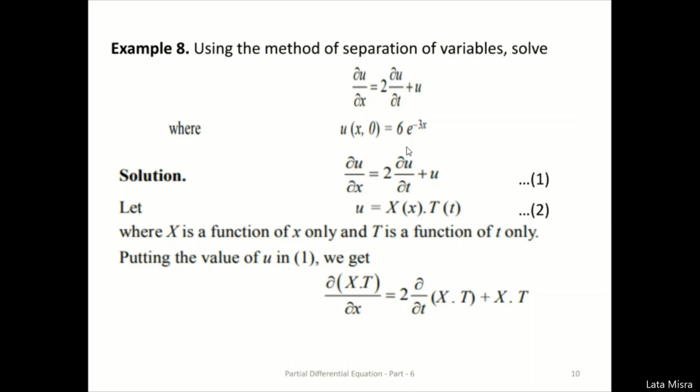Now let us suppose that the solution of this partial differential equation is u equals capital X, a function of small x, times capital T, a function of small t. Now u equals XT is used in equation number 1. We replace u by XT, we get del by del x of XT equals 2 del by del t of XT plus X into T.